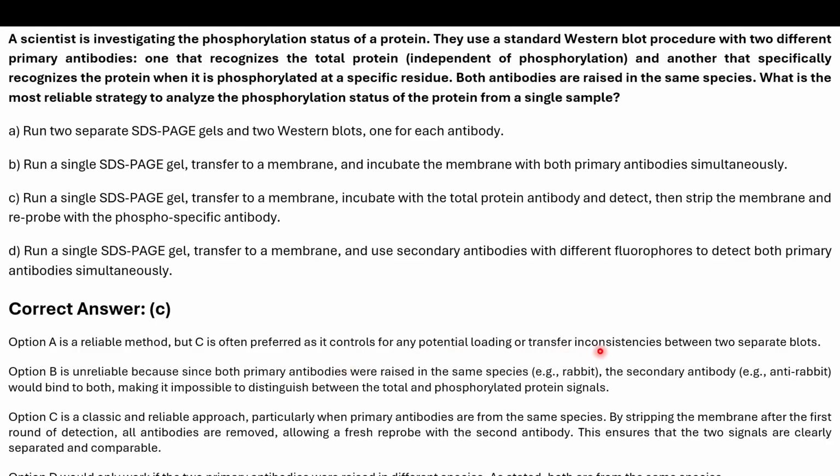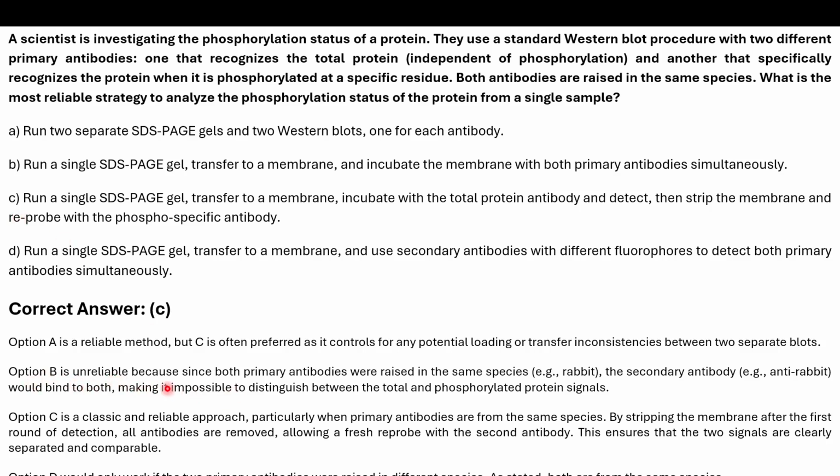Or if there are any transfer inconsistencies during the two separate Western blots, during membrane transfer. So there might be different inconsistencies in general while running the gel or during transfer, during probing as well. So if there are any inconsistencies, those can be negated if we use this option C.